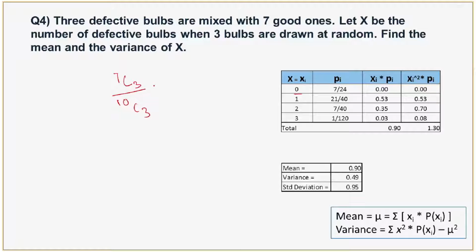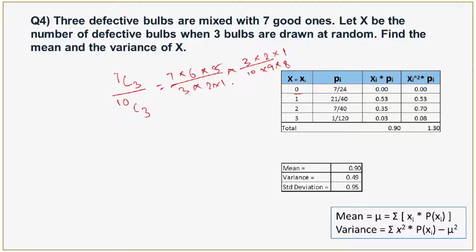So 7C3 by 10C3 gives you 7 into 6 into 5 by 3 into 2 into 1, multiplied by 10 into 9 into 8 by 3 into 2 into 1.